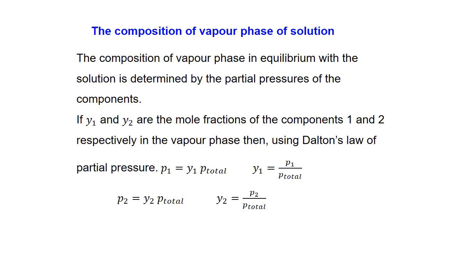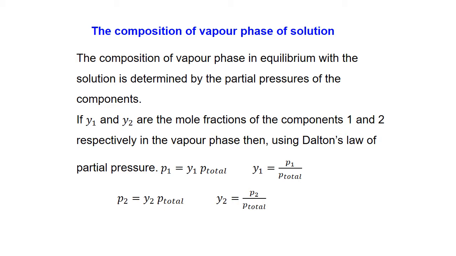So this formula can be used to find out the mass of the solute. The composition of the vapor phase of the solution: Raoult's law for the relation of partial vapor pressure and mole fraction I explained. It also explains the composition of the vapor phase above the solution. According to that, the composition of the vapor phase in equilibrium with the solution is determined by the partial pressures of the components.